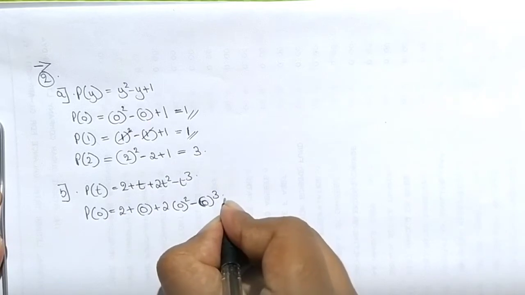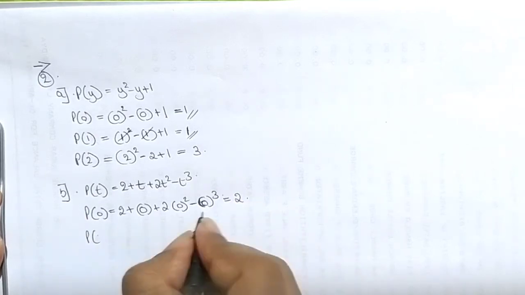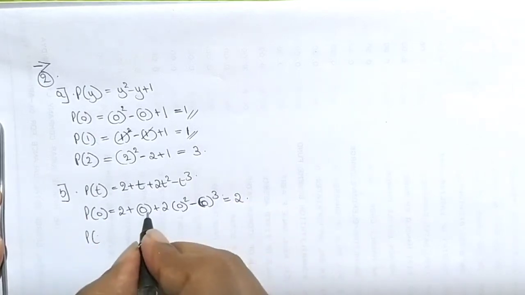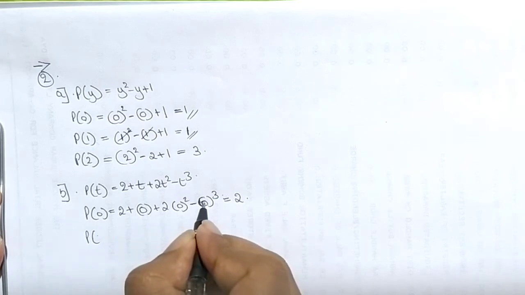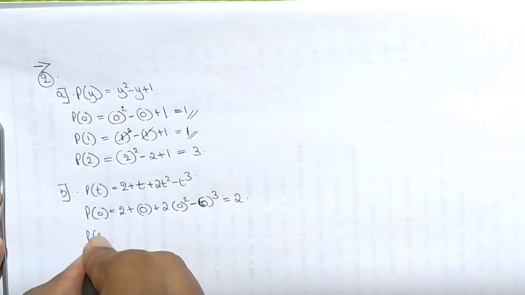This is going to give us 2. Why? Because all these 3 terms give us 0, and this is the only thing we need to write. Next is P of 1.